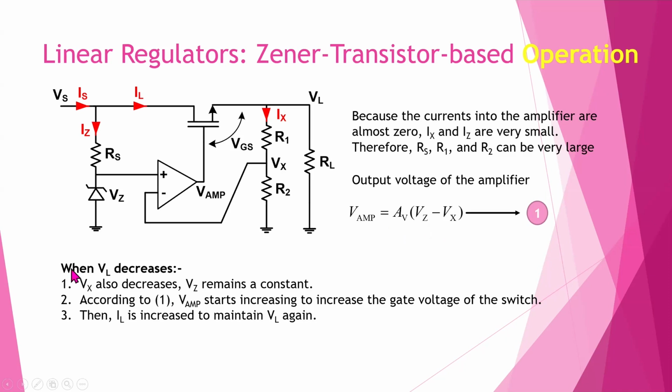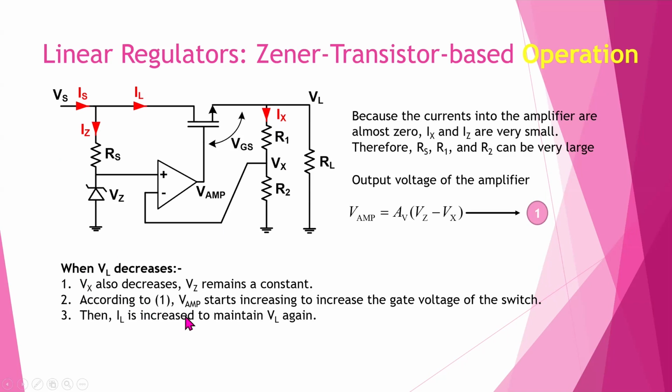Now, what happens when the VL decreases? Since this voltage divider has been connected to the VL, when the VL decreases, Vx also decreases. But the thing is, VZ remains constant.